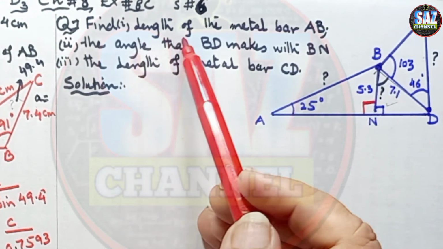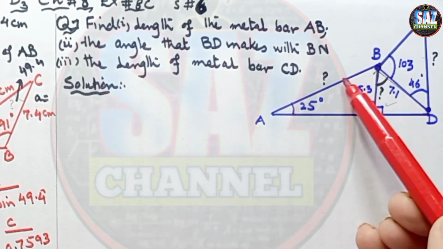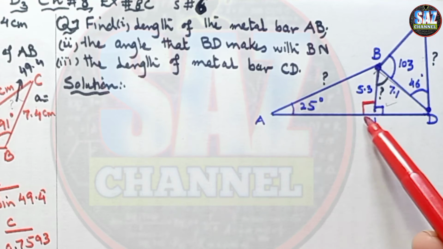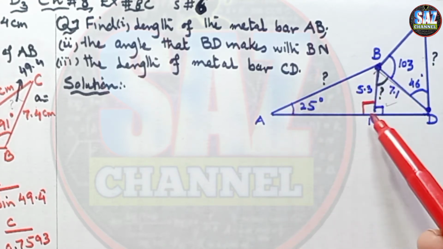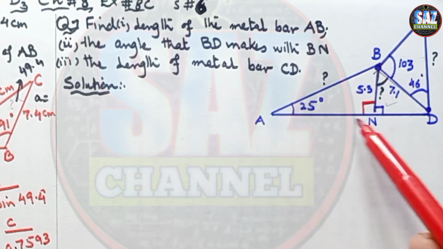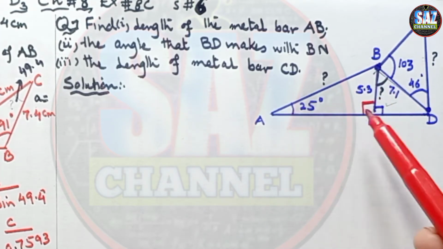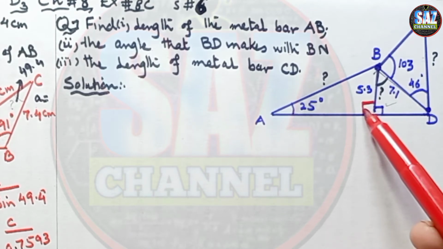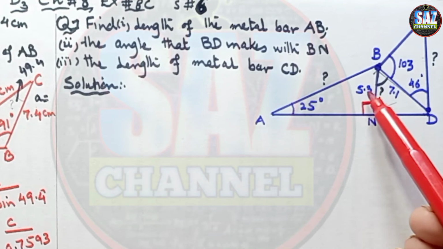First requirement of the question is length of the metal bar AB. If we look at the length of the metal bar AB, that is the part of the triangle BAN, and that is the right angle triangle in which we are given with two angles. One is 90 degrees, one is 25 degrees, and the one side is given 5.3.